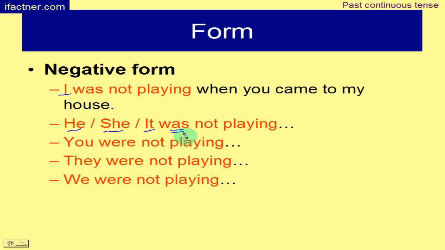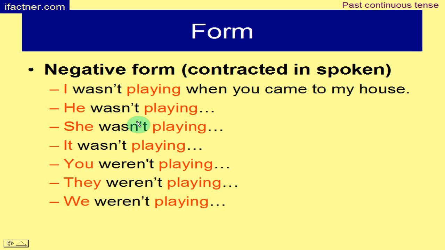It was not playing. And then we have you were not playing. They were not playing. We were not playing. That is how we form the negative form of past continuous tense.